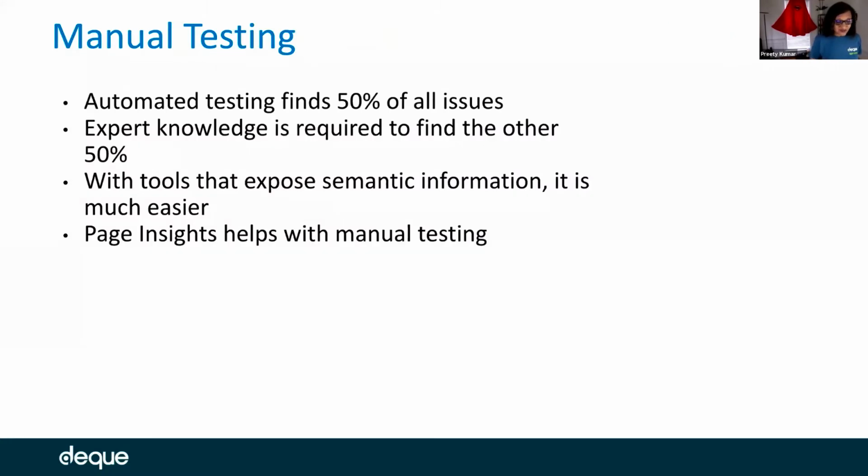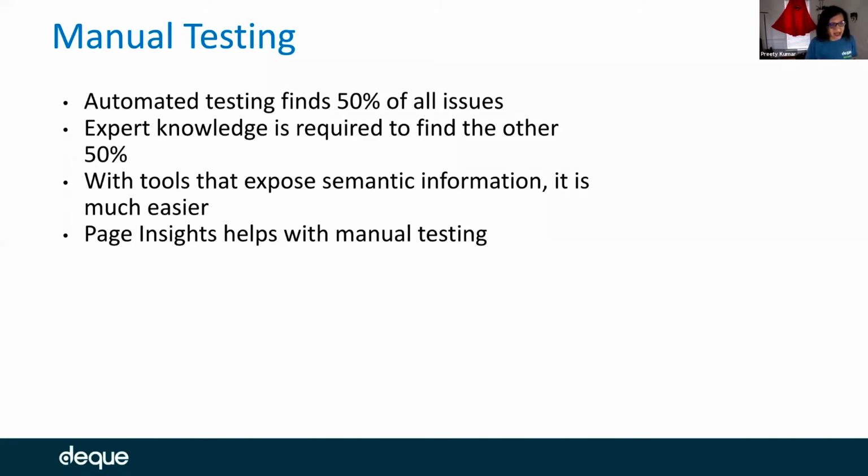All right, so then we introduce the concept in our browser extension in the enterprise version, not the free version, that extends the Axe functionality and adds some manual testing capability. And how we decided to do that in this extension is that we understood expert knowledge is required to find the 50% that Axe does not by volume.